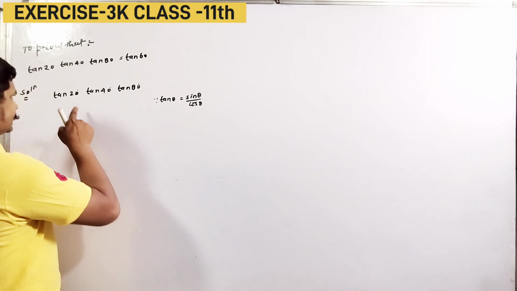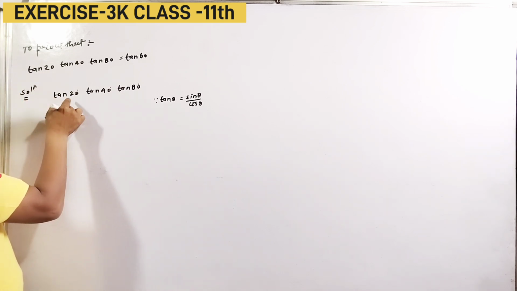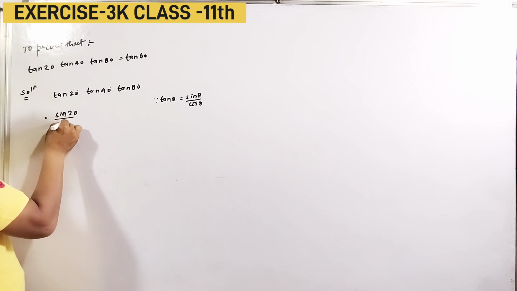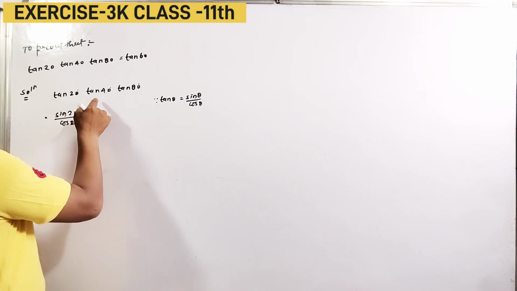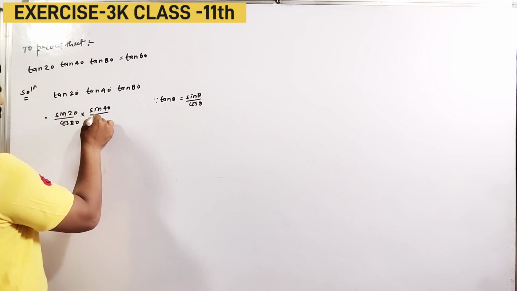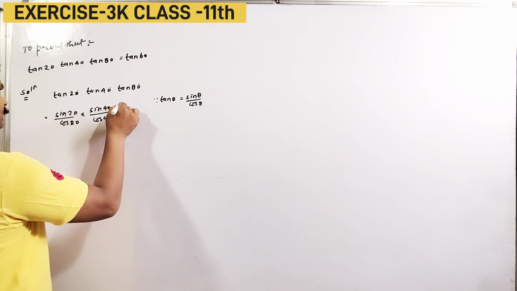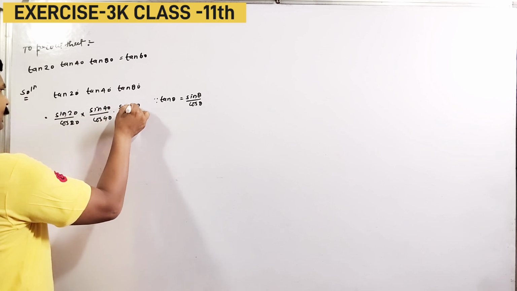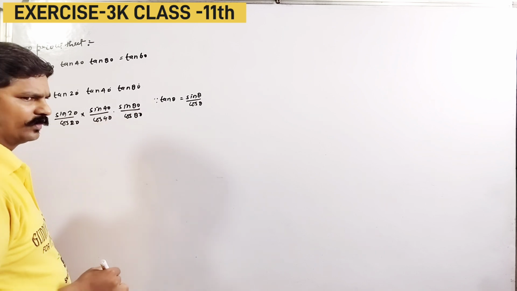So here you can write sine 20 upon cos 20 according to this formula. This will also be sine 40 degree upon cos 40 degree, and similarly you can write sine 80 degree upon cos 80 degree. I think there is no problem to understand it.